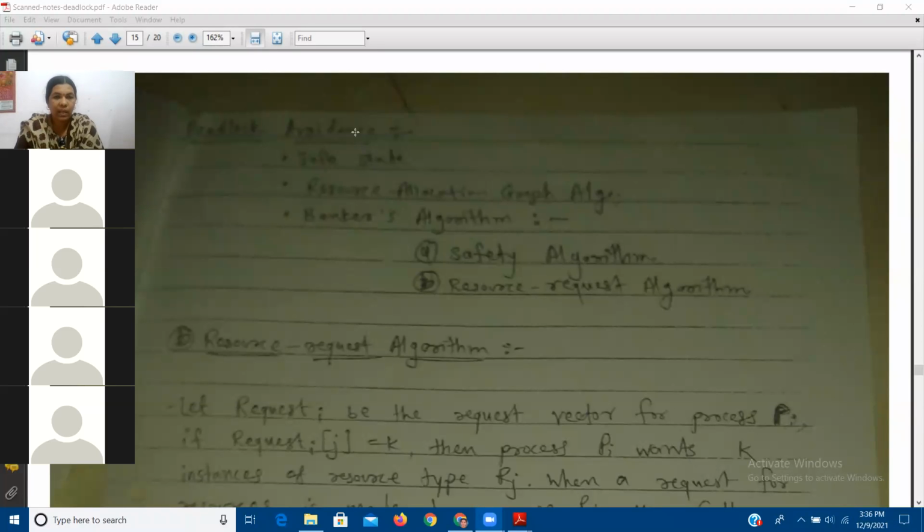Actually, here once again I have noted the points which we discussed under deadlock avoidance. We discussed the concept of safe state. Then we discussed the first algorithm, resource allocation graph algorithm, with the concept of claim edge. Then we were talking about the banker's algorithm, and under it, with the help of an example, we discussed the safety algorithm, which is the main algorithm. And now we are discussing the second algorithm, the resource request algorithm.